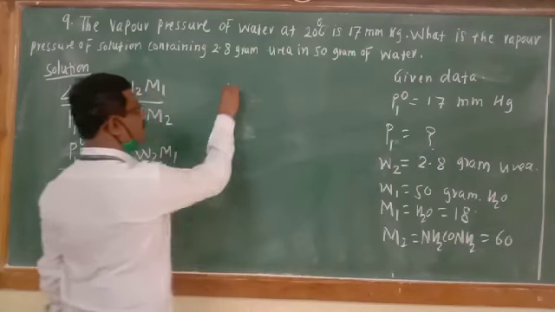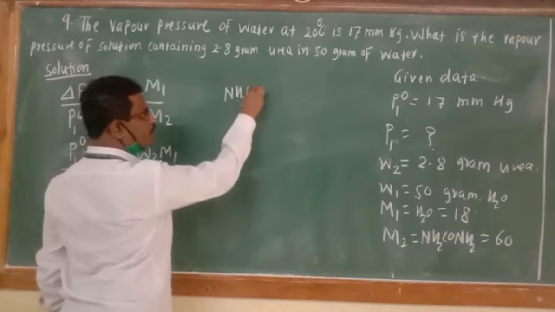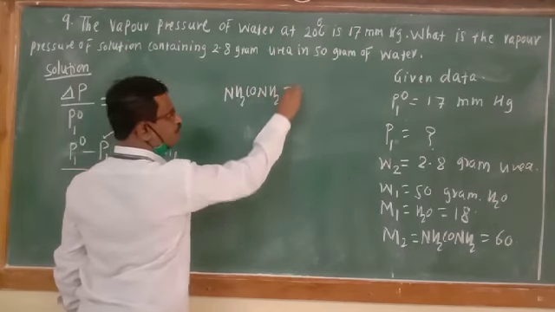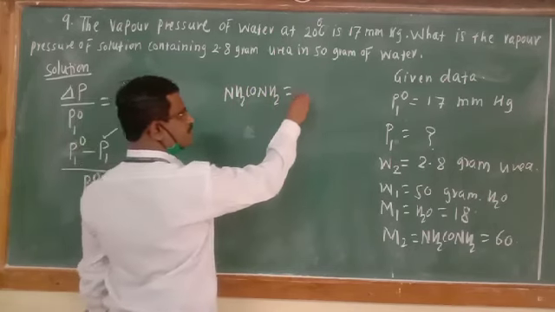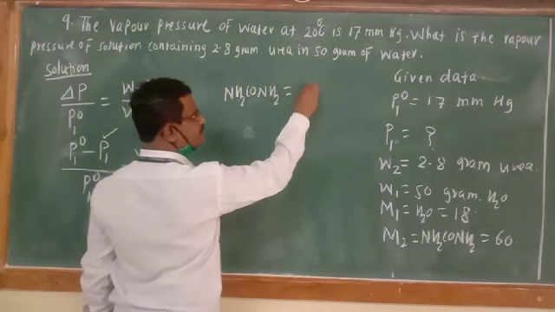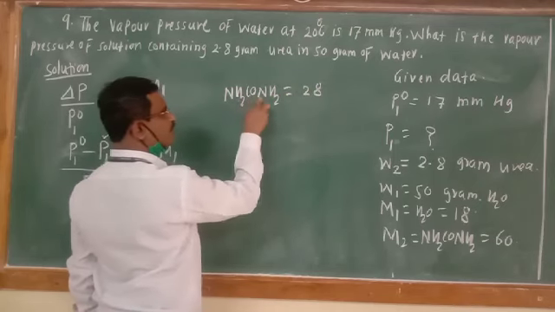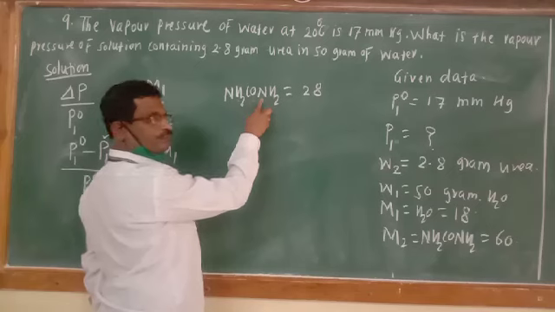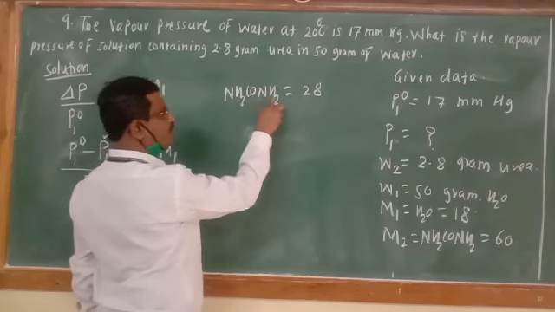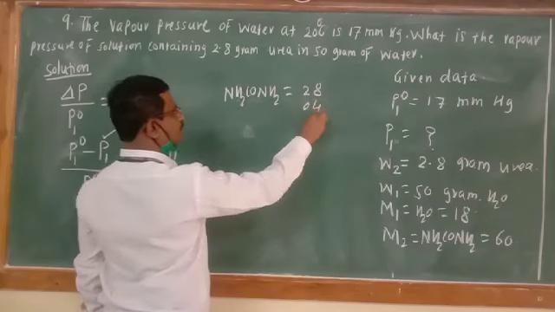See how it comes. NH2 CO NH2. Two nitrogen atoms means 28: 14 into 2, 28. 4 hydrogen atoms, 4.